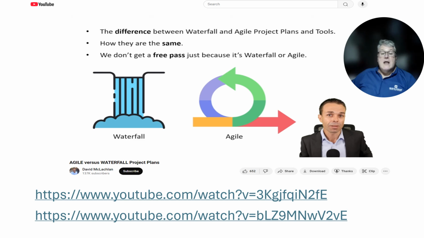I also highly recommend reviewing these links, especially from David McLaughlin, who discusses the difference between Agile versus waterfall approach for project planning. They're useful for explaining the process flow that I just outlined.